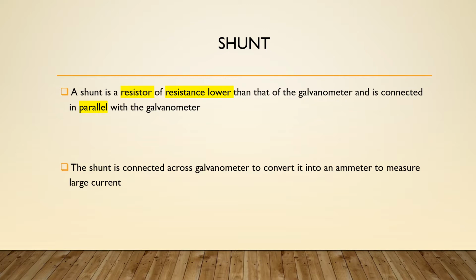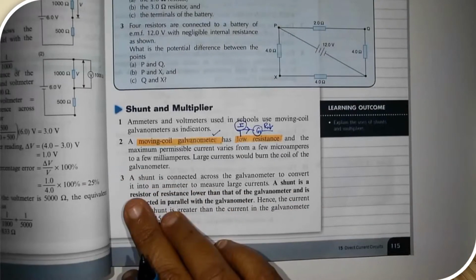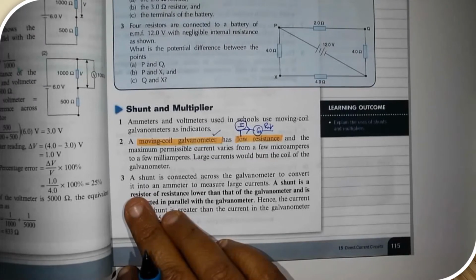The origin of the term is in the verb to shunt, meaning to turn away or follow a different path. A shunt allows electric current to pass around another point in the circuit by creating a low resistance path. And multiplier. Okay, let's look at this on page 115 from your reference book, Oxford Fajar.